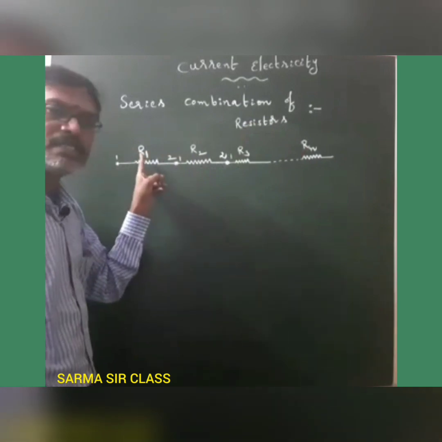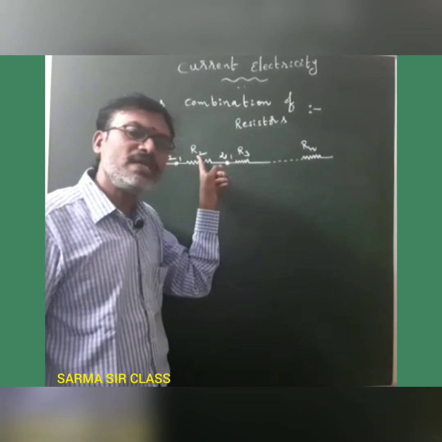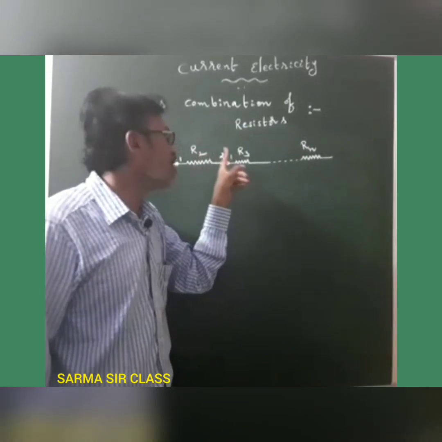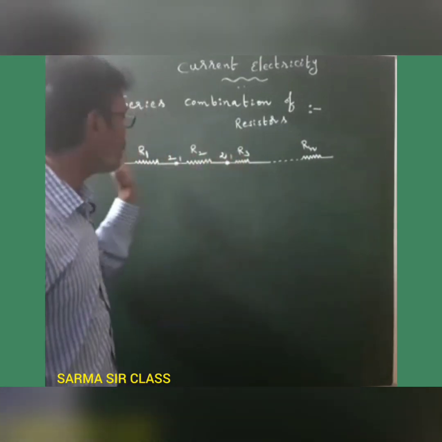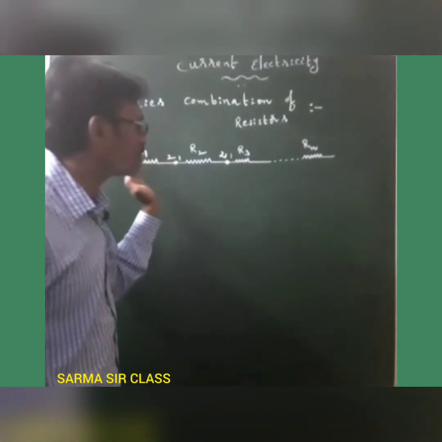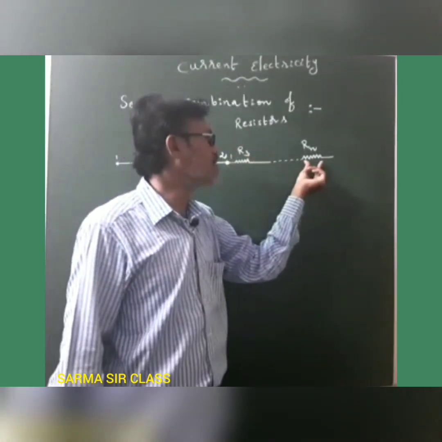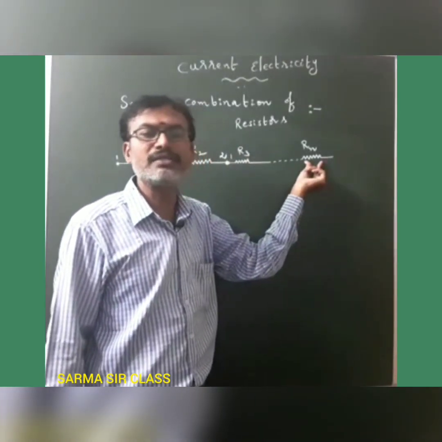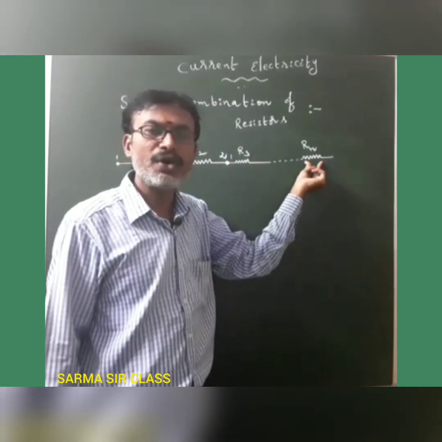R1 is the resistance of the first resistor, R2 the second, R3 the third. Like this, I arranged all the resistors one after the other, and the final resistor is Rn, the resistance of the nth resistor. Okay, are you getting it?